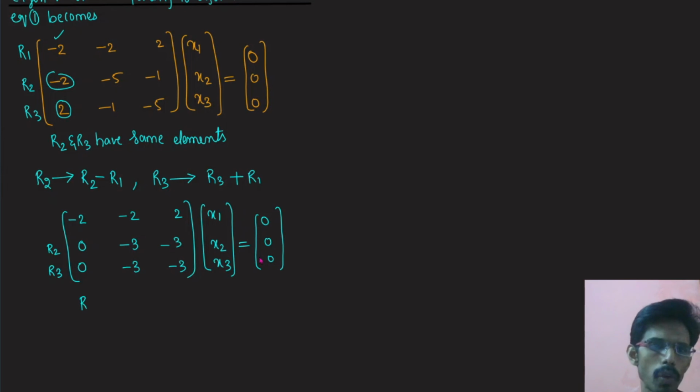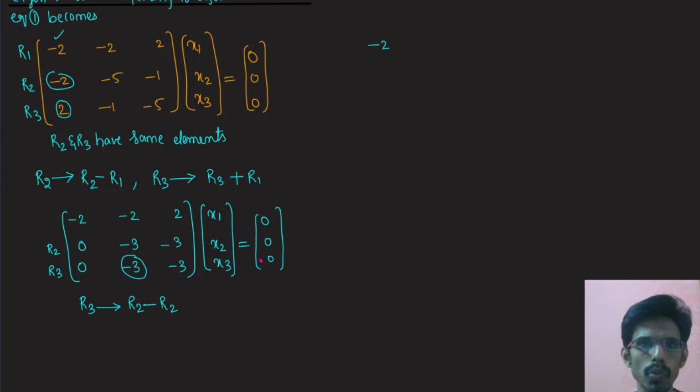So I'll eliminate R3 by changing R3 to R3 minus R2 so that this element will become 0. So this will now become minus 2, 2, 0, minus 3 will be same, and this will become 0, 0, 0.